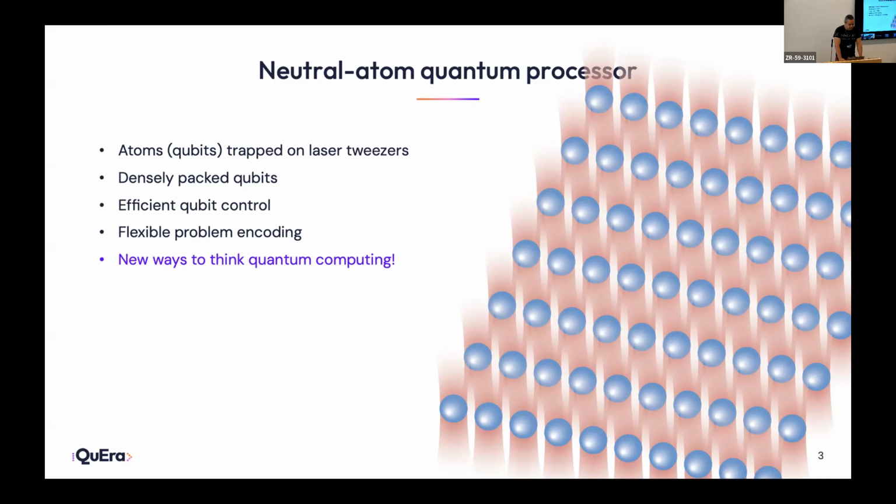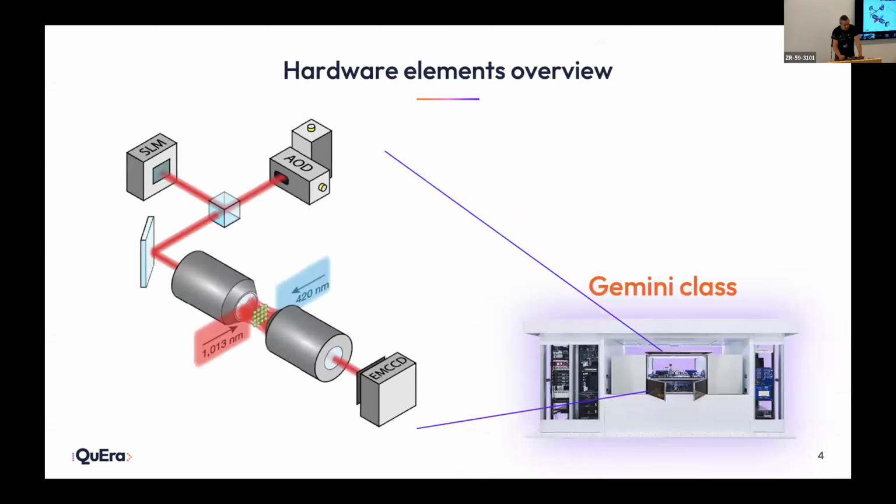We are holding them in free space, and because we're holding them in free space, we can move them around, and this allows us to encode things in a very flexible way, and to think about quantum computing in different or new exciting ways. On the bottom right here is a picture of our Gemini machine that is currently under installation in Japan. If you look deep inside it, you will see a few different elements, and here are a few of them.